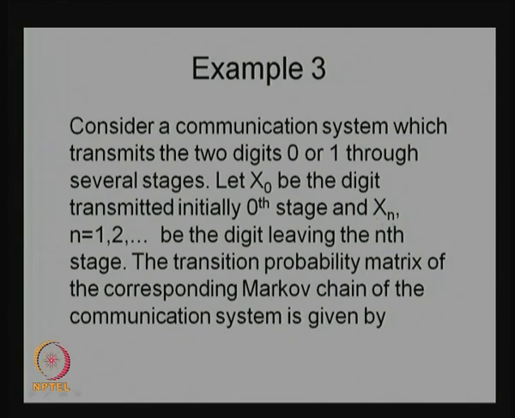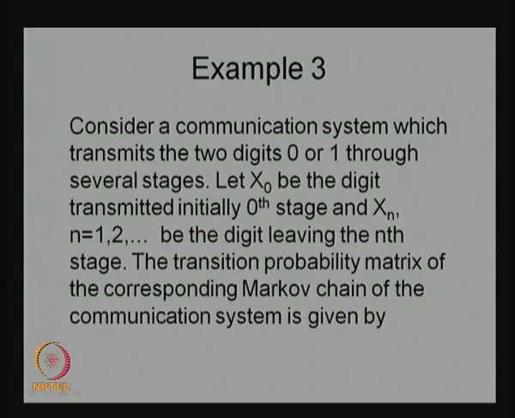Therefore, this X n over n will form a stochastic process, because you never know which digit is transmitted in the nth stage. Each stage is one random variable, and you have a collection of random variables over the stages. Therefore, it is a sequence of random variables. So, this forms a stochastic process, and it is a discrete time, discrete state stochastic process, because the possible values of X n are 0 or 1.